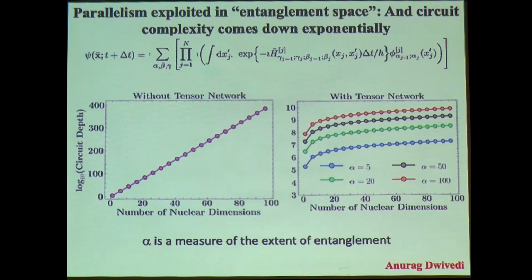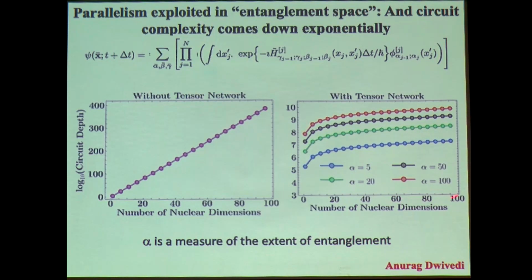Now, if you did not use tensor networks, then as the number of dimensions grow, this would be the quantum circuit depth, and that's a log scale. So essentially impossible to do. But with tensor networks, as you can see, on the log scale, the numbers have come down tremendously. But then there's a price to pay for entanglement, right?